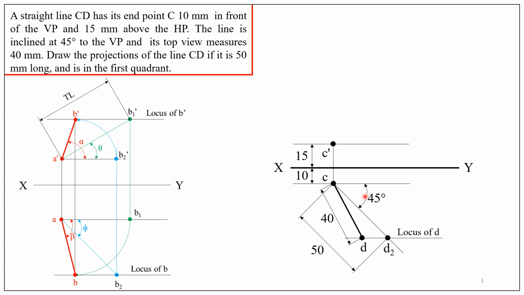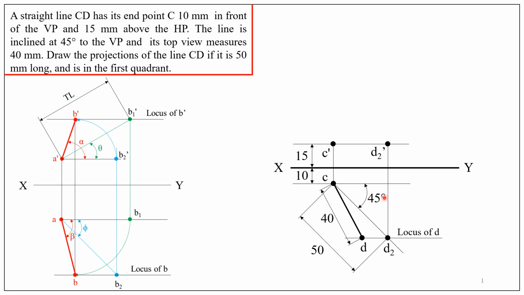Draw a perpendicular from D2, and that perpendicular from D2 intersects the horizontal through C dash at the point D2 dash. So C dash D2 dash is the front view of the line when it is assumed to be parallel to HP and inclined at an angle of 45 degrees to the VP.